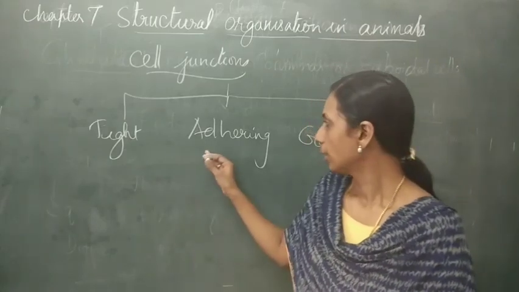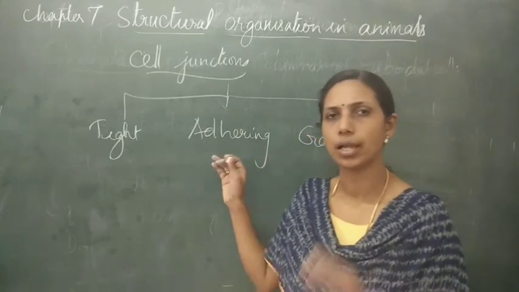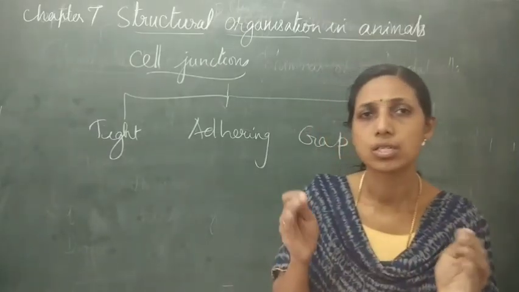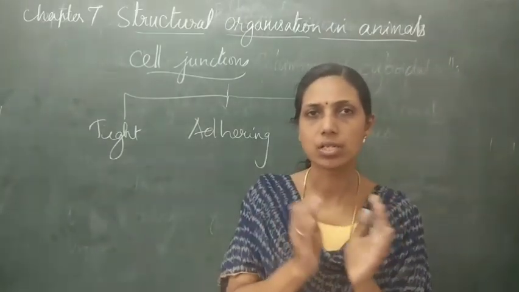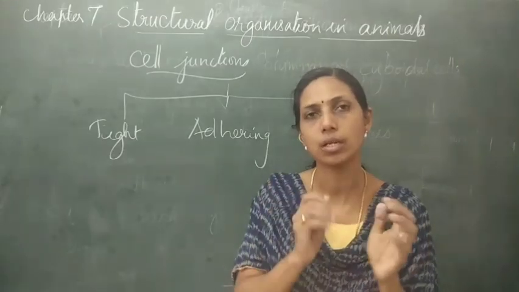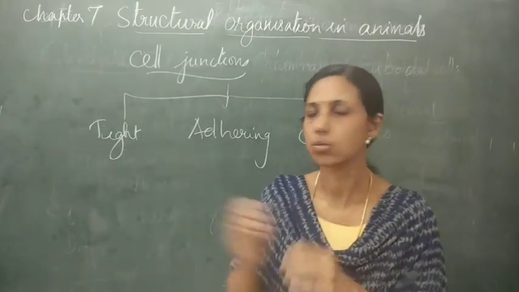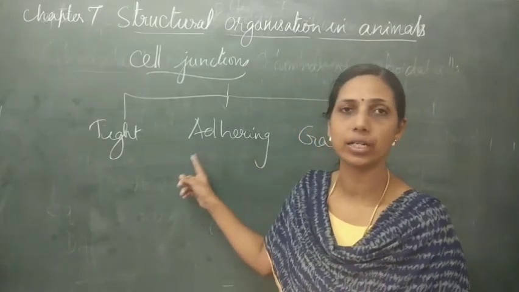And adhering junctions are junctions which help in a sort of cementing together or attaching one cell to the next cell, closely arranging the cells together. Such junctions we call adhering junctions.